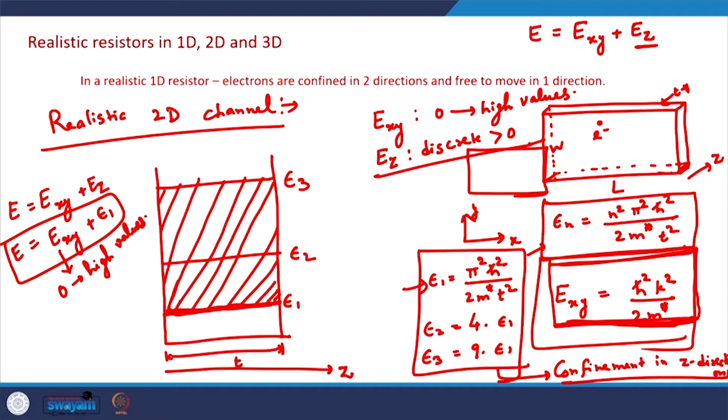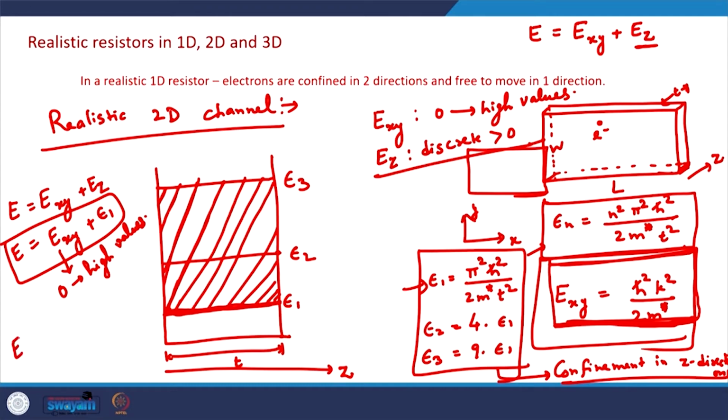All right. These lines essentially show that the electrons can have any energy from epsilon 1 to high values. But if the electron is sitting in the epsilon 2 state in the z direction, the electronic energy is epsilon 2.